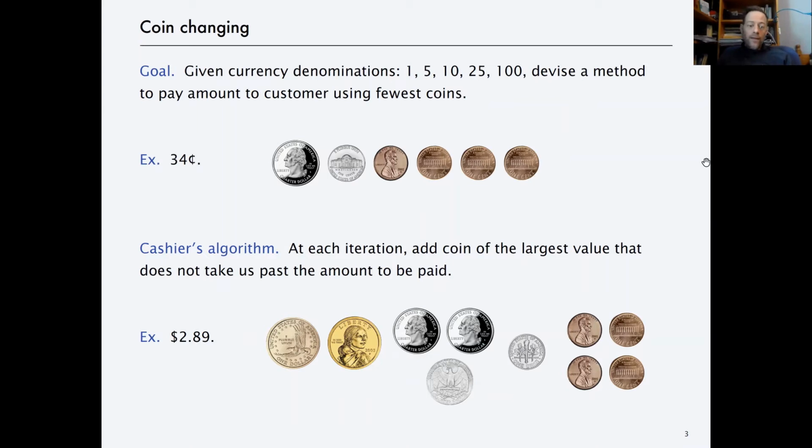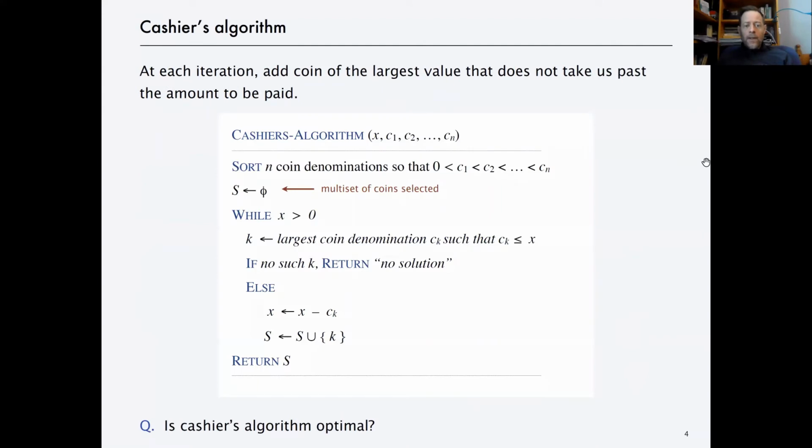We use the 25, and now we have 9 left. 100, 25, and 10 are more than 9, so we cannot use them. Instead, the largest one is 5, and then we have 4 left, and then we need to use four 1-cent coins. So this is the optimal result, and we can do the same for any other number.